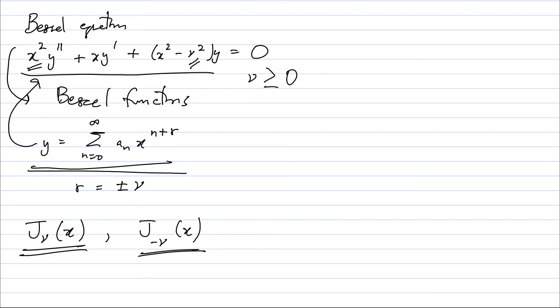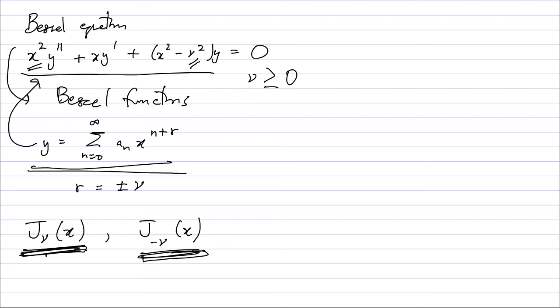In that case, the power series corresponding to r equals nu and the power series corresponding to r equals minus nu are not linearly independent, because if you know one, you can immediately figure out the other. They just differ by some factor. But if you know one independent solution, you can always construct the other independent solution.